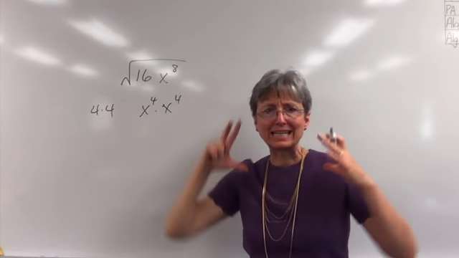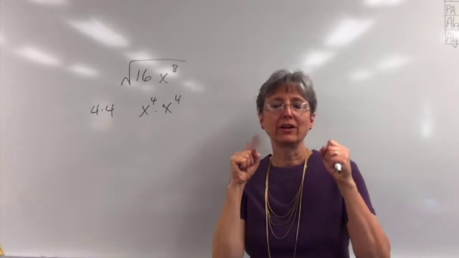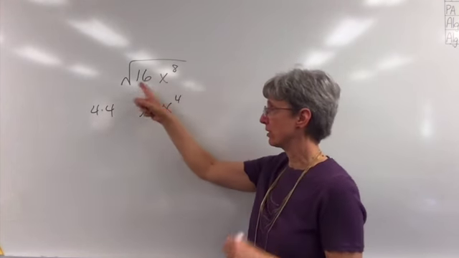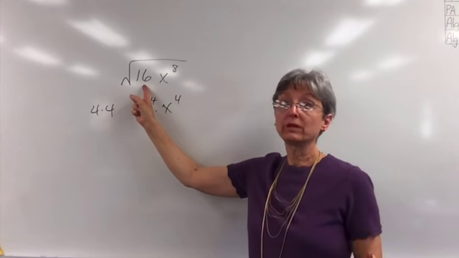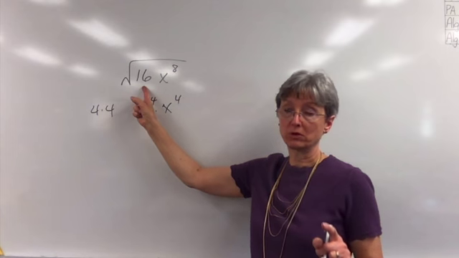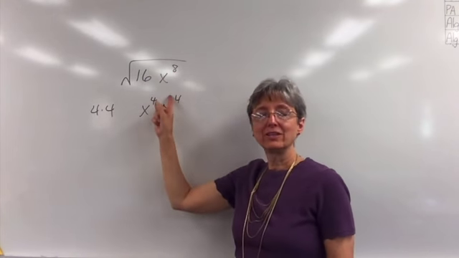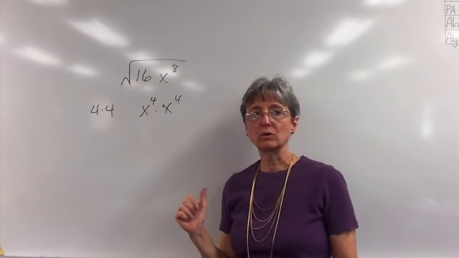And is there an easy way to figure out what that is? There is an easy way to do it. At least with these variables, this one is just the square root of 16. That's 4. Hopefully you have your perfect squares memorized. But when you're trying to simplify these variables, this is a method that works really well for me.